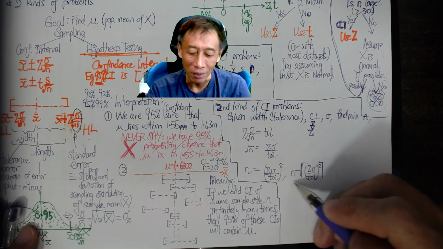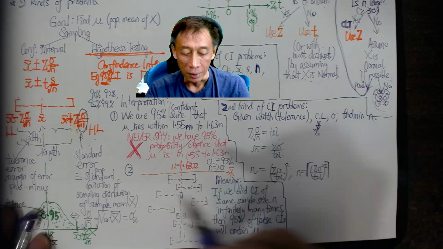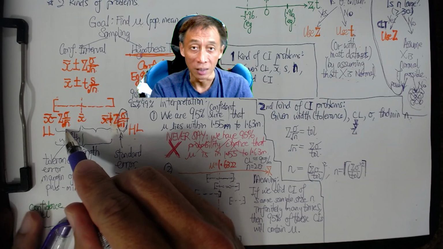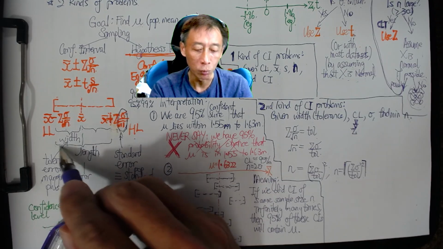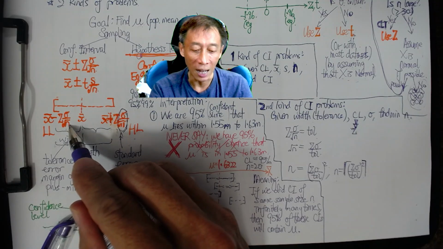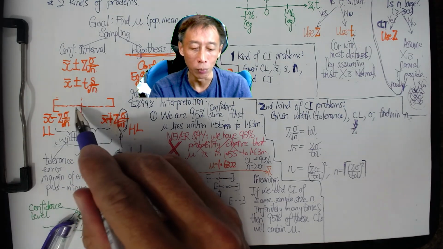You always give the minimum, because the larger the n, the smaller the width, and it is definitely acceptable within the tolerance. If this tolerance is 0.5 mm, then the larger the n, the smaller is your actual width of the confidence interval.